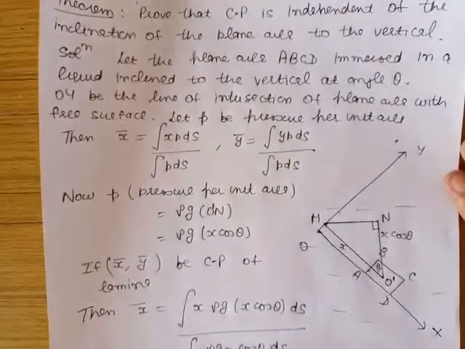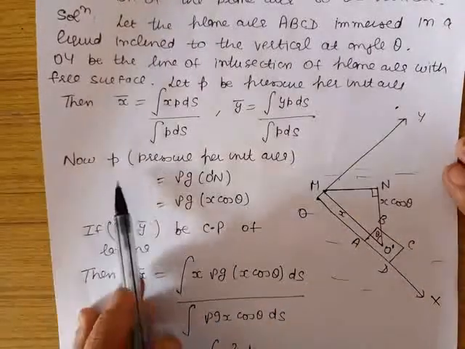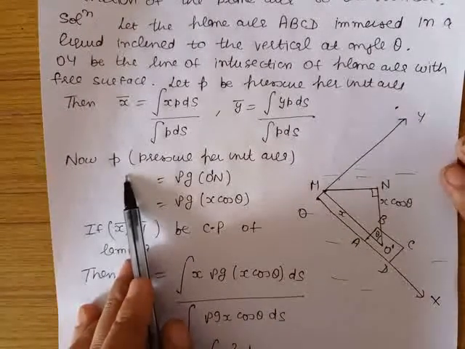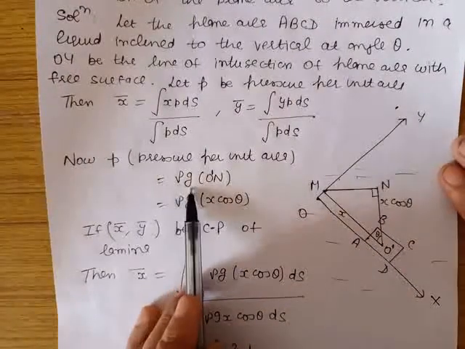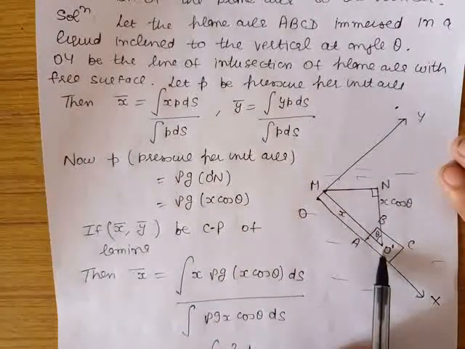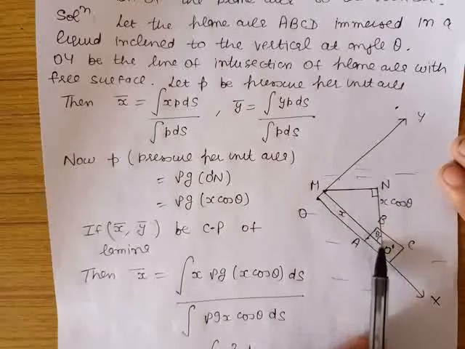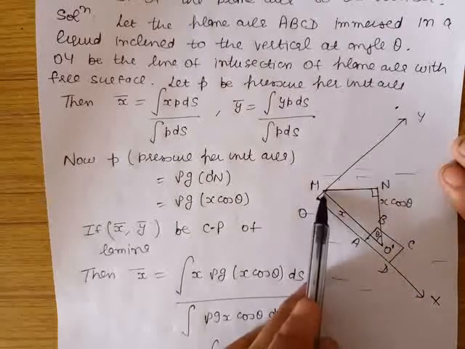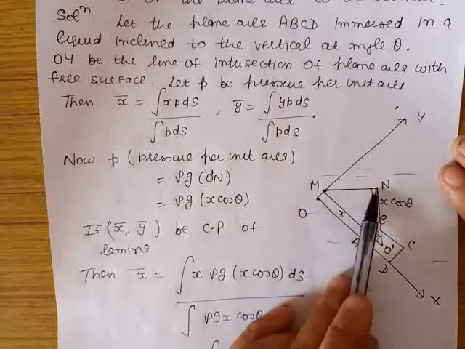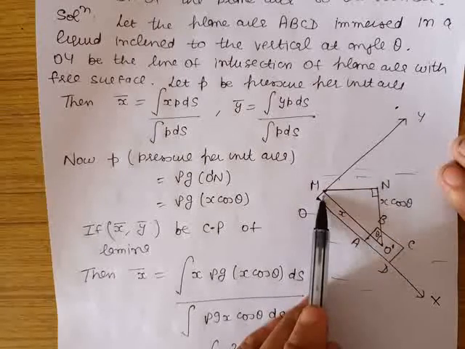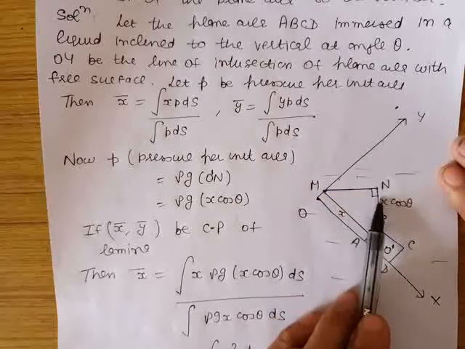Now, let us find the value of pressure per unit area. From here we can see that it is given by rho into g into the depth of point O dash, which is O dash n. Now, if the distance O dash m is x, in this right angle triangle we can find the value of O dash n, which is given by x cos theta.